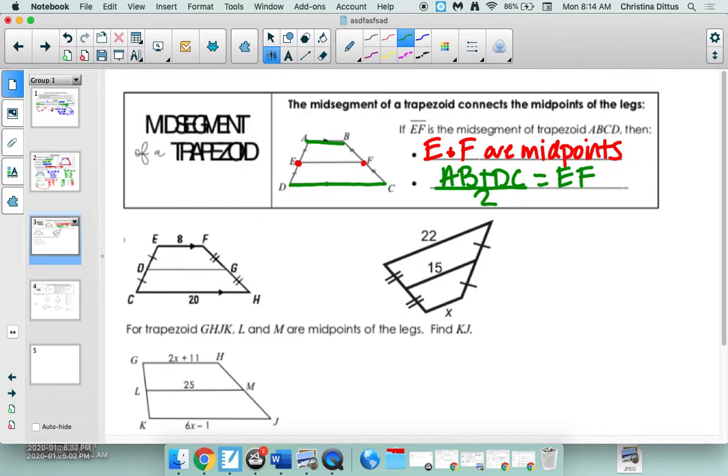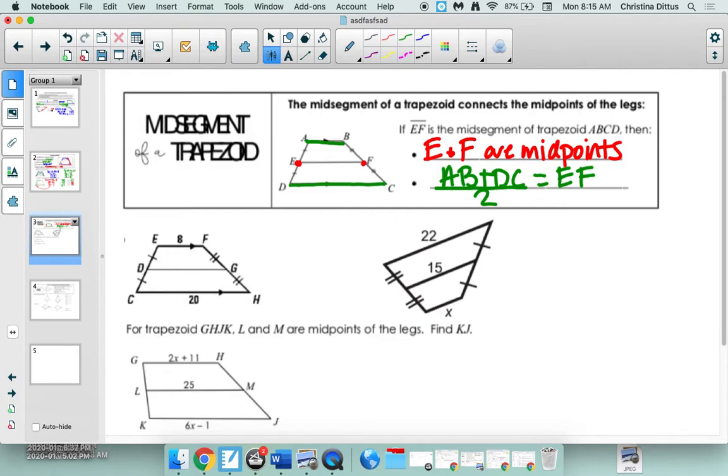So we're going to find the average. Kind of like if you find average height or average free throw percentage, add them up, divide by 2. Seem easy enough? Okay, good talk.